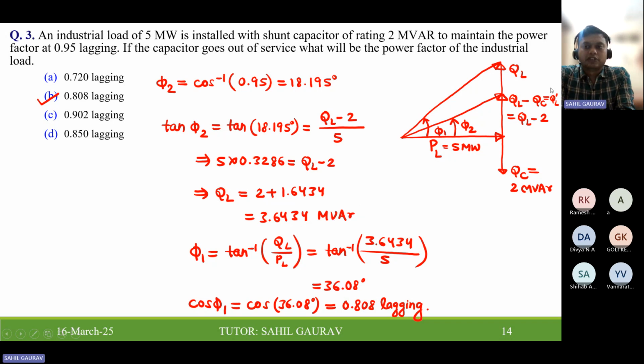And now you got QL dash, that is QL minus 2, the actual reactive power demand for the load, meaning the reactive power coming from the feeder. This phi 1 you can find as tan inverse QL upon PL, that is 36.08 degrees, and then you can find the power factor of the industrial load, that is 0.808 lagging.